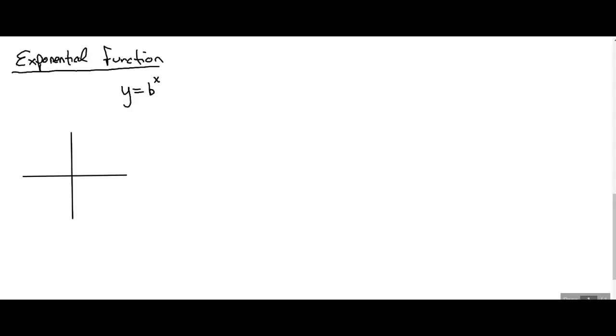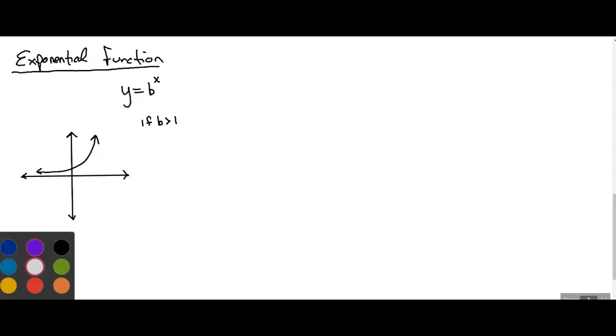The graph I'm going to draw right now is the graph that you would get if b is greater than 1. I need you to remember that this has a horizontal asymptote at y equals 0. It's probably a good idea to pause right now so you can draw this.